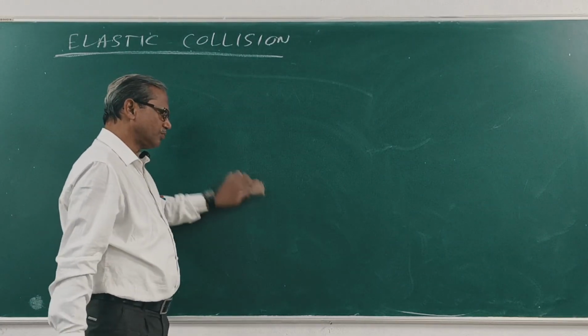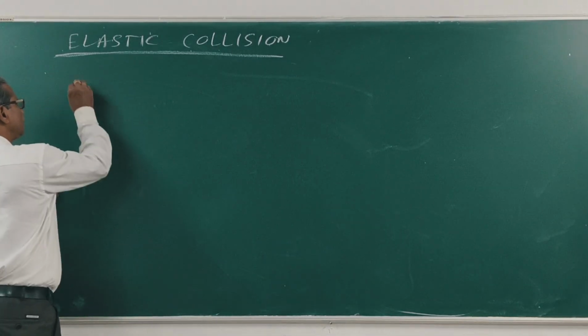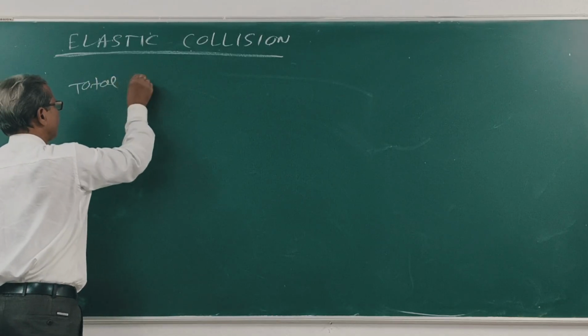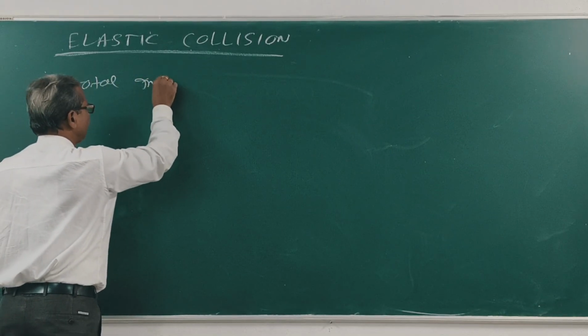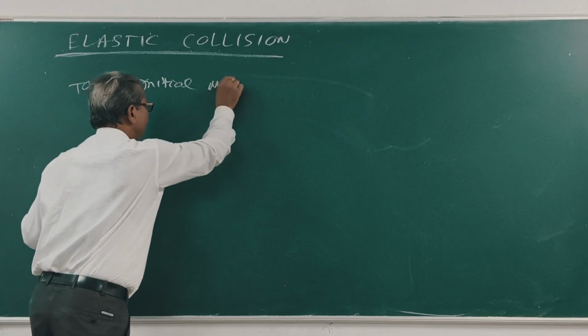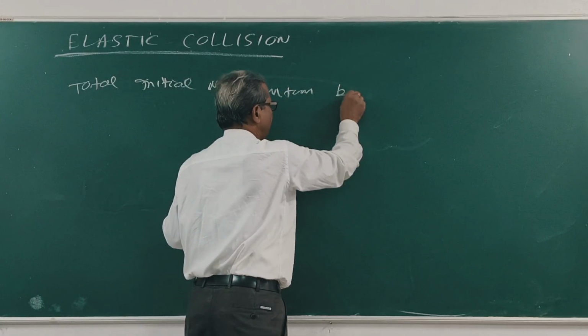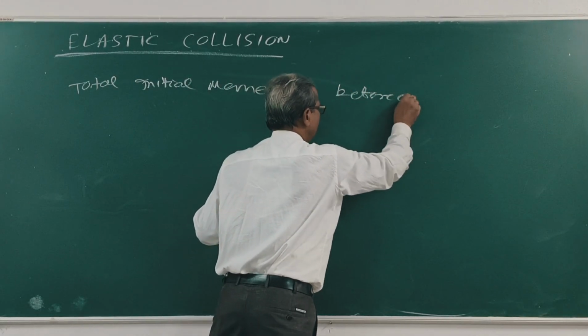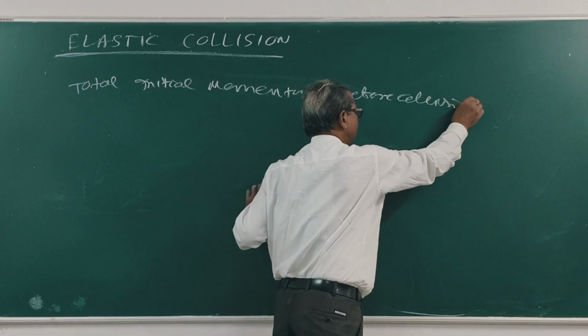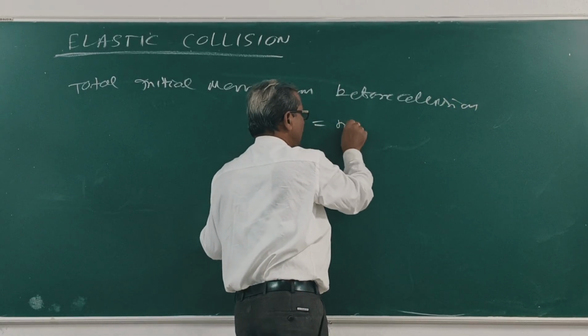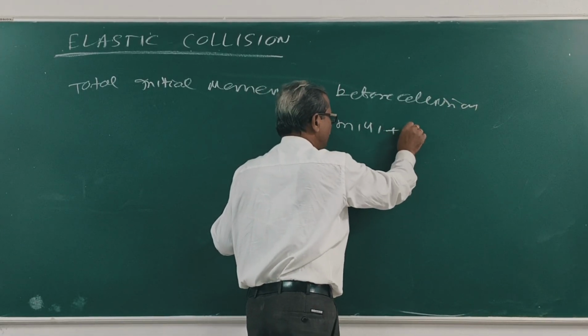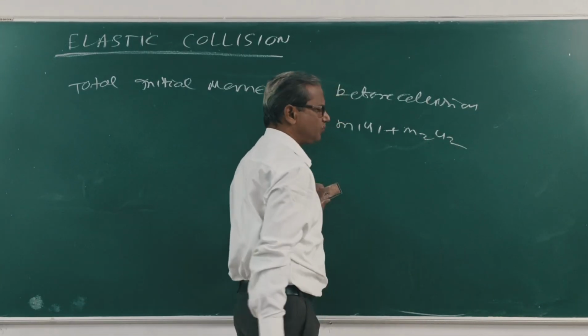Total initial momentum before collision is equal to m1 u1 plus m2 u2.